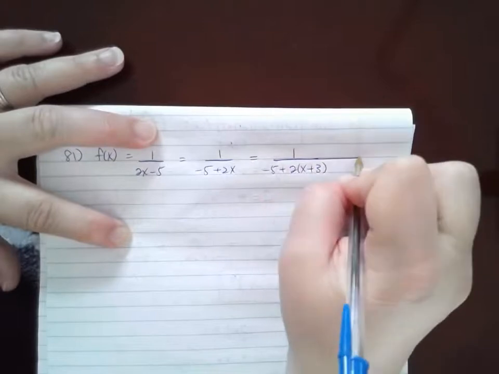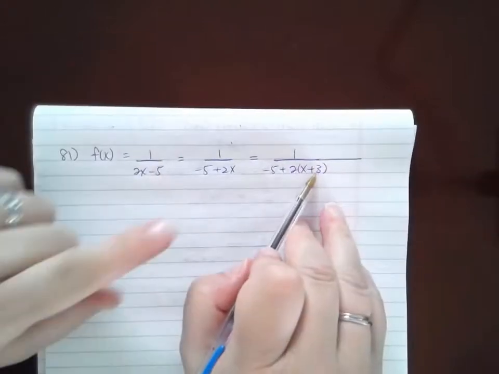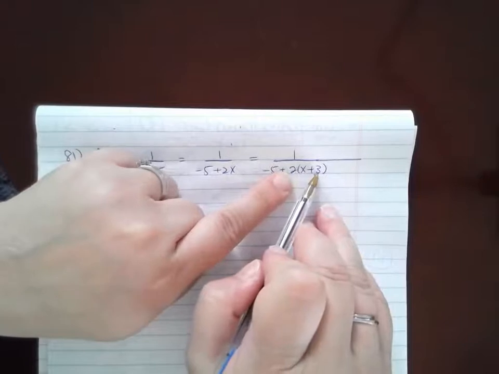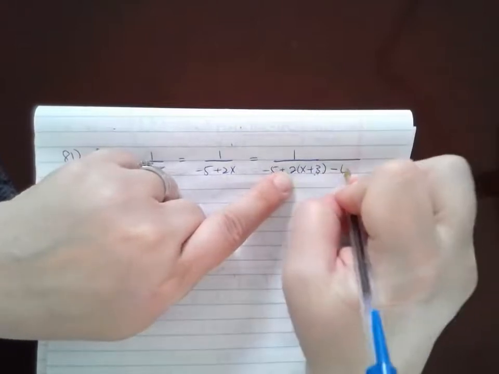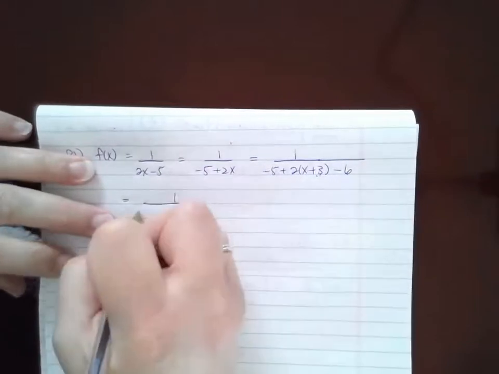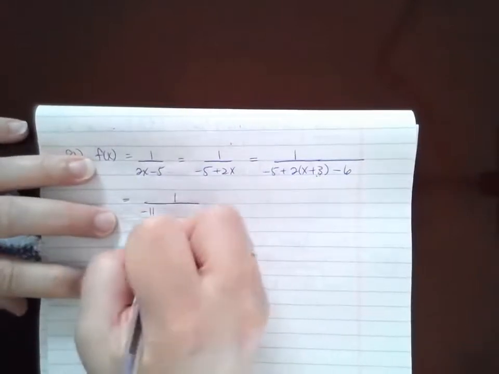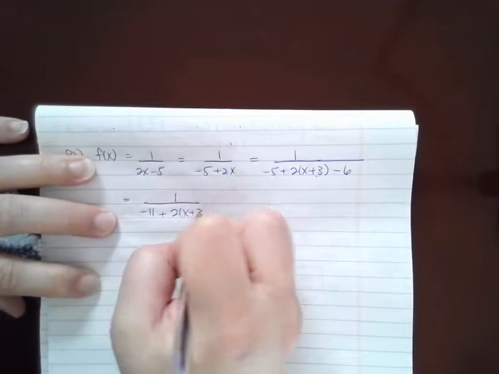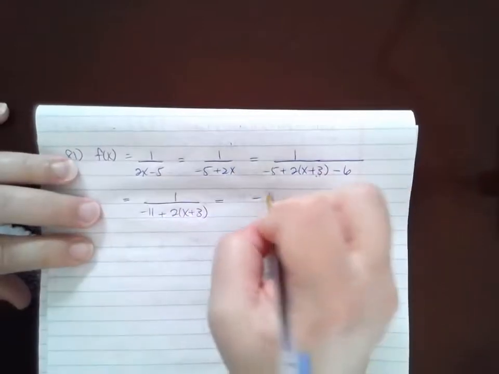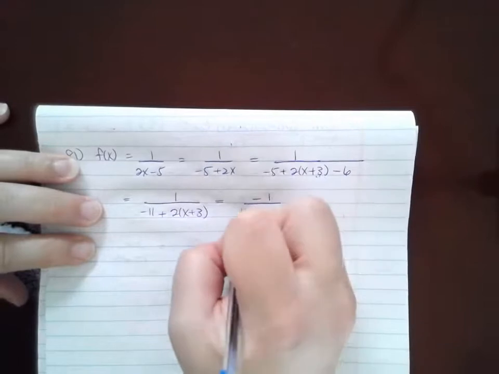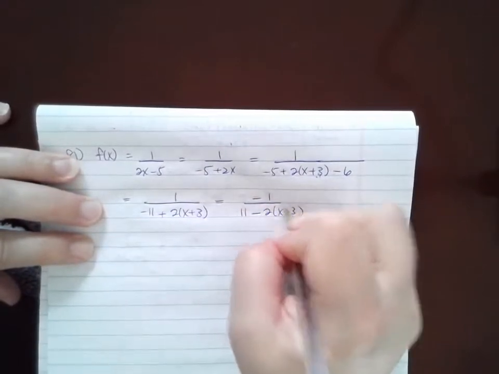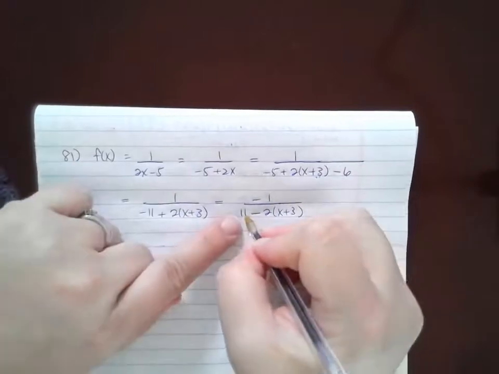Now be careful. I just added 3, but because there's a coefficient here of 2, I technically have increased my denominator by 6. So now I have to balance it with a -6. That -6 belongs in the front with the -5. I need that middle symbol to be minus. And I need this first term to be 1.